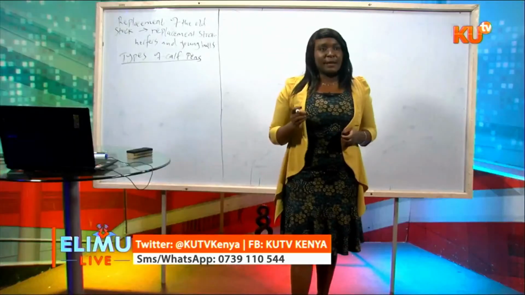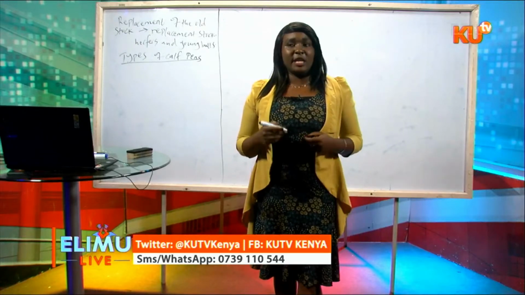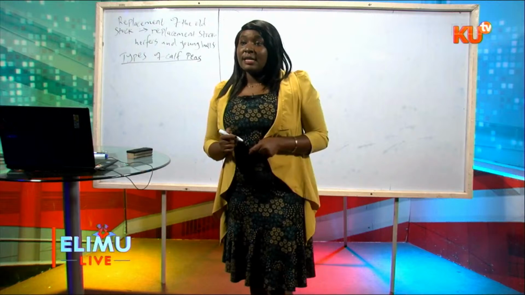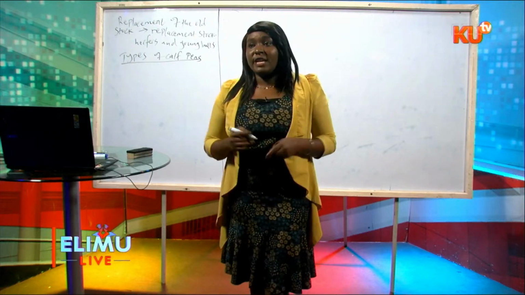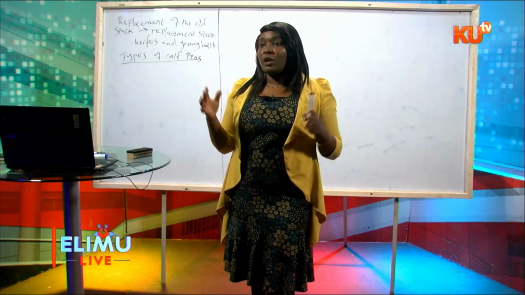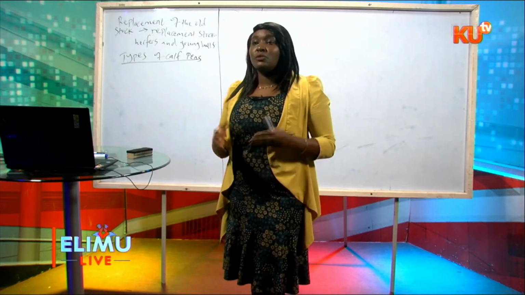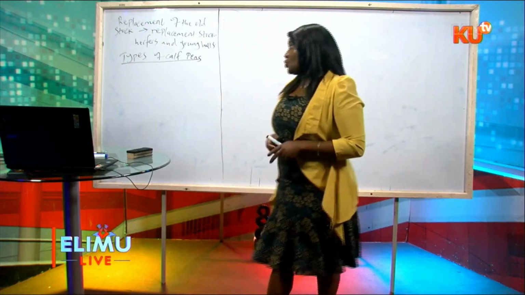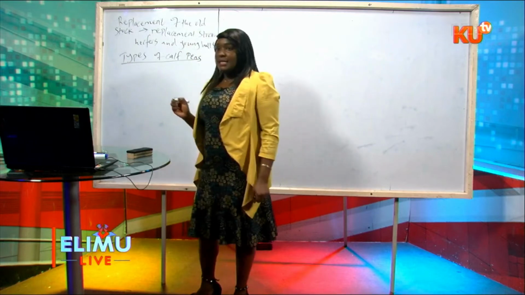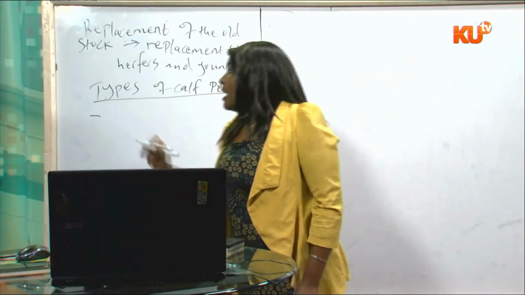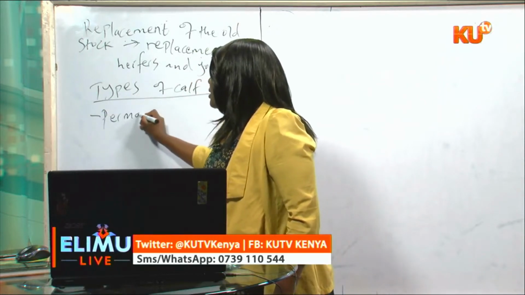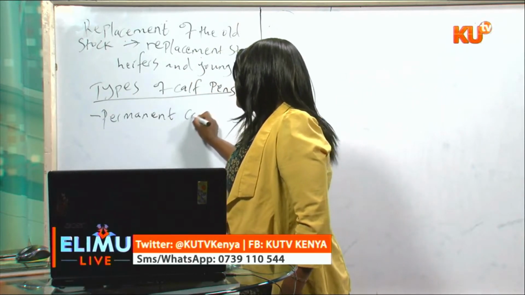And the types of calf pens we have vary depending on, of course, the amount of money that you have in your pocket. It depends on the kind of area that you are living. If it is in a flooded area, you need to look for a particular type of calf pen that will suit that particular region. So generally we have two main types of calf pens, and the first type is called the permanent calf pens.